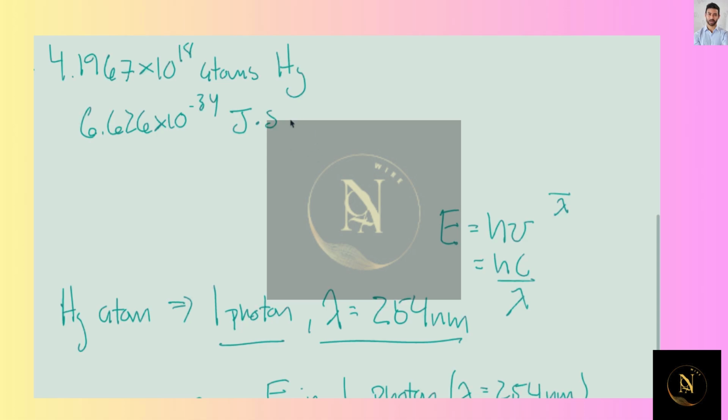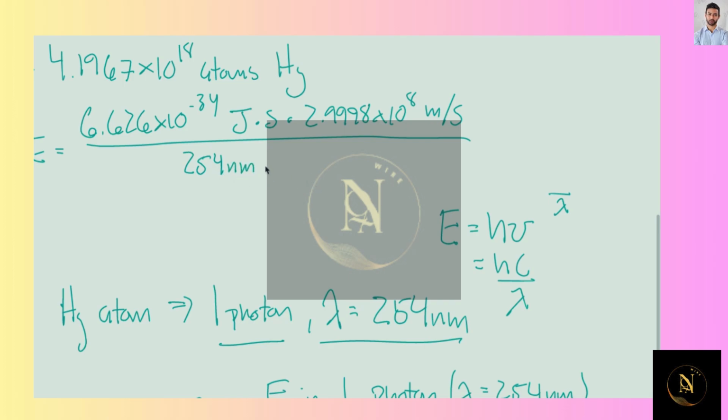And then the speed of light is going to be 2.9998 times 10 to the 8 meters per second. And then our wavelength is going to be 254 nanometers, but we need it in meters. So how do we convert nanometers into meters? Well, in 1 meter there are 1 times 10 to the 9th nanometers. The nanometers will cancel and our answer will be in meters. So we can just simply put this into a calculator now.